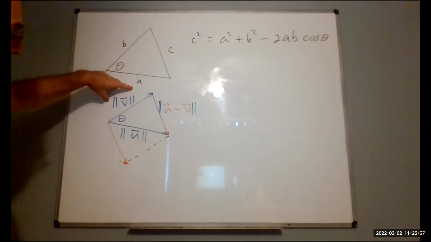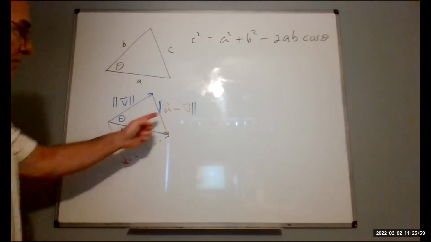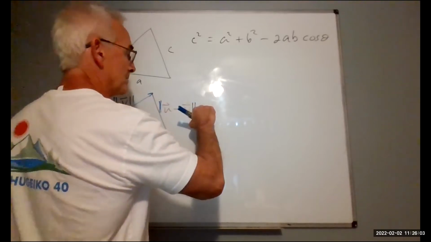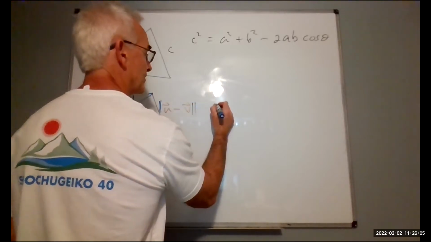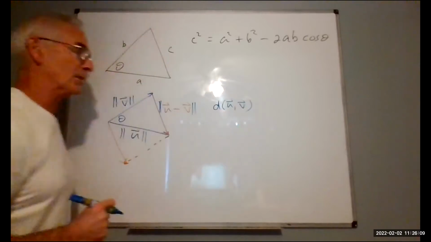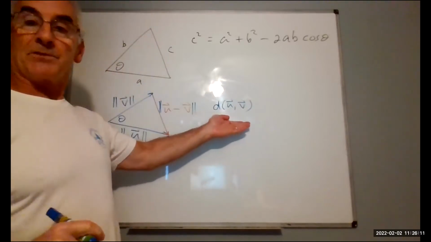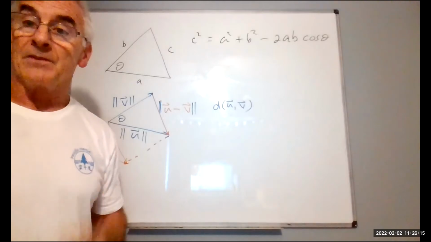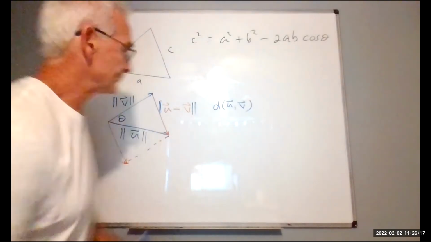The length of this side is the magnitude of v, the magnitude of u, and the magnitude of the difference. Sometimes, by the way, this is named in many books, often written d(u, v). We do this in linear algebra as well. This is sometimes referred to as the distance or the difference. D stands for both, the distance between two vectors.